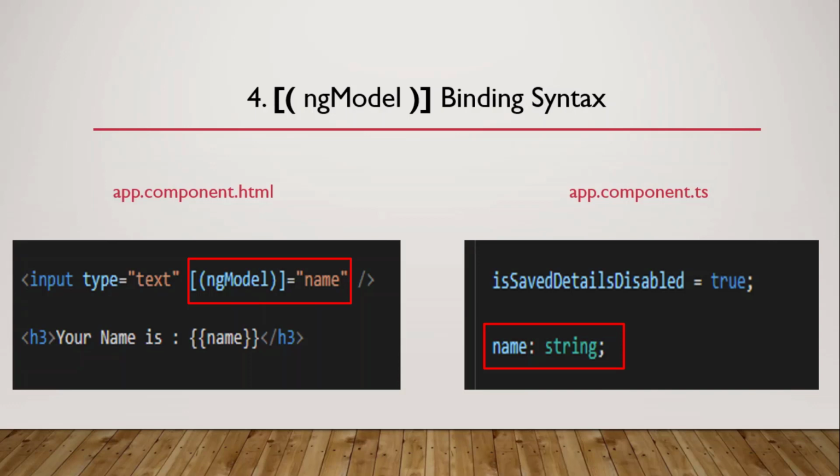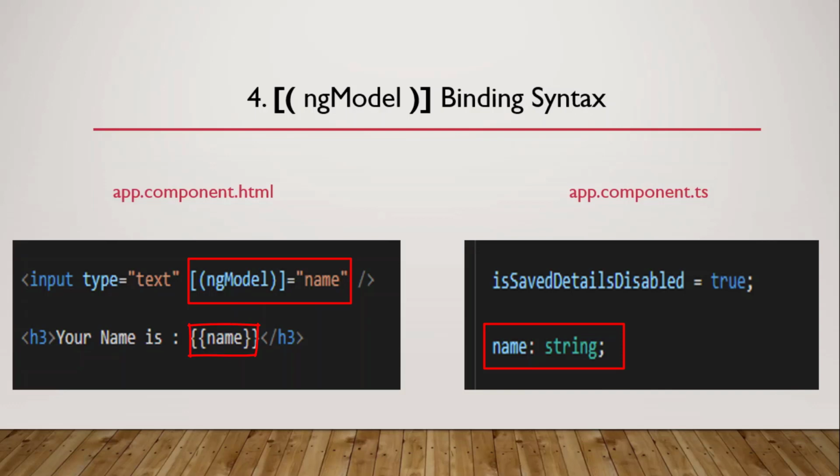So if I write anything in that input box, the value which I have inserted is always assigned to the name variable. At any moment if I take or print the name variable, it will have that value. To check that, I have used the interpolation syntax just below the ngModel.